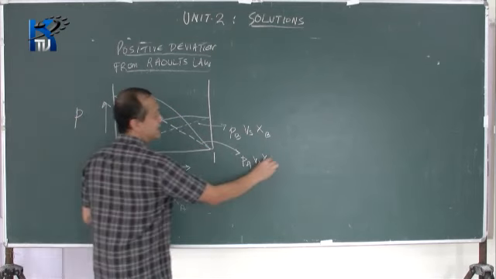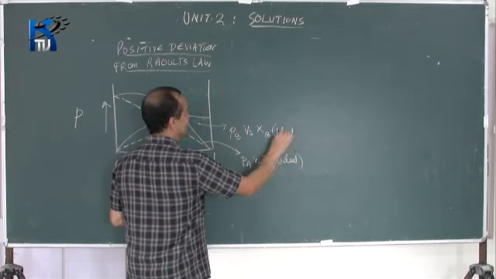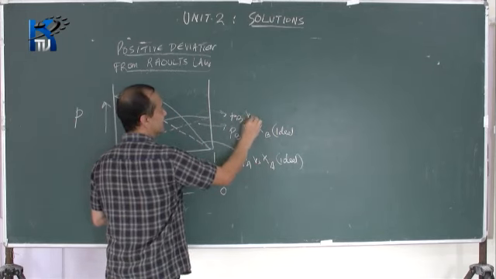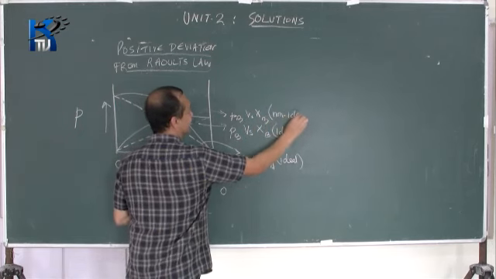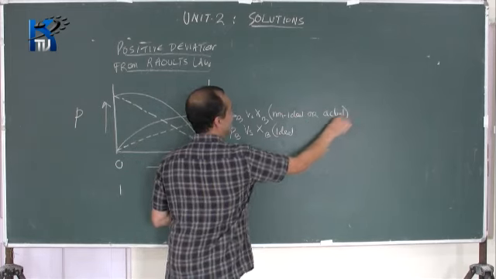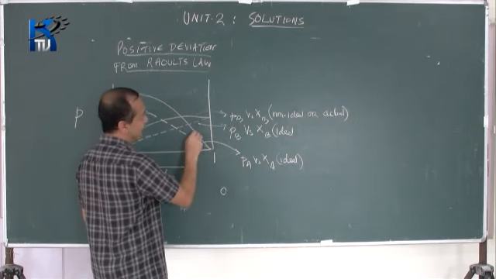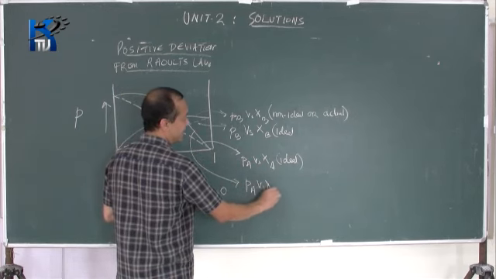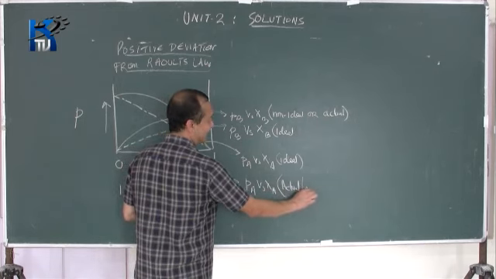This is the ideal condition, and this is PB versus XB non-ideal, or the actual graph. Similarly, this is the ideal graph and this is again PA versus XA, but it is actual or the non-ideal.